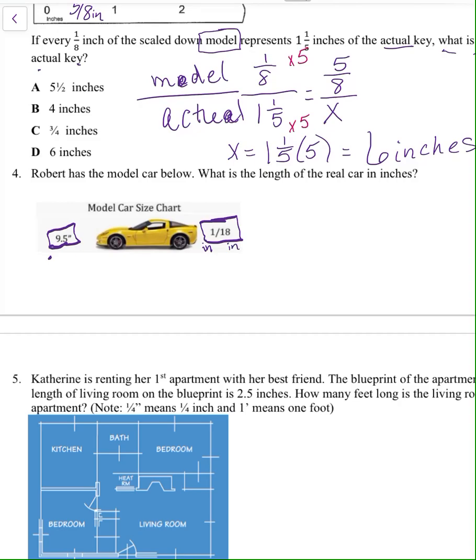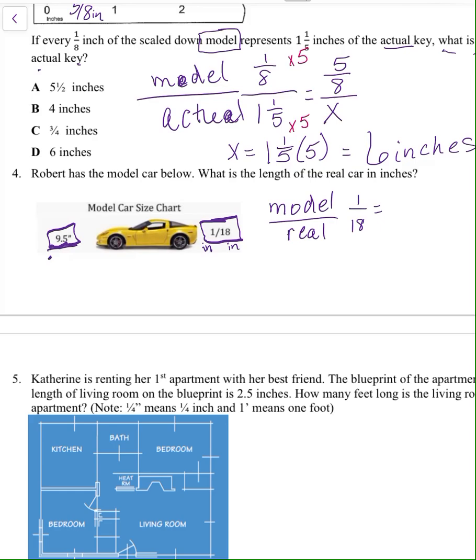Okay, so again, we can't use inches to inches, so we're going to use model to actual, or to real. We'll say real. The model to the real. That's really messy. Let me rewrite that. So 1 on the model is 18 inches on the real.